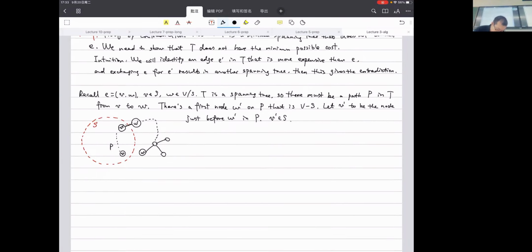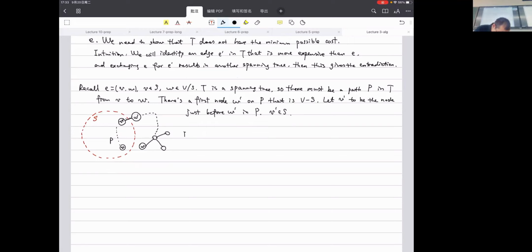So we consider this strategy. We exchange for E prime, where E prime is basically this edge, V prime W prime. So basically, this P is a part of the T here, and we consider the strategy now.